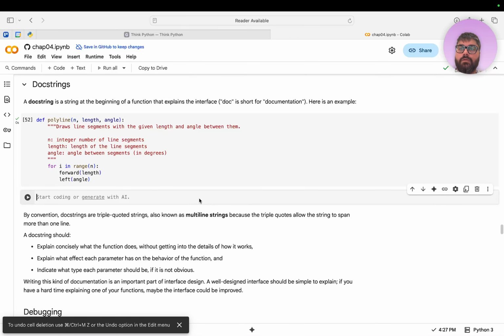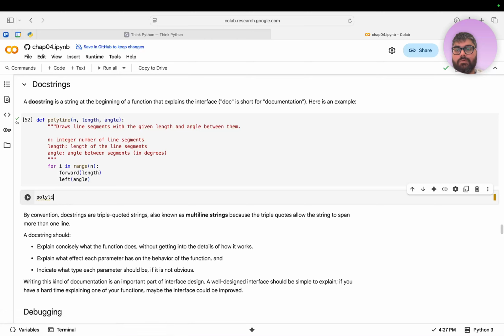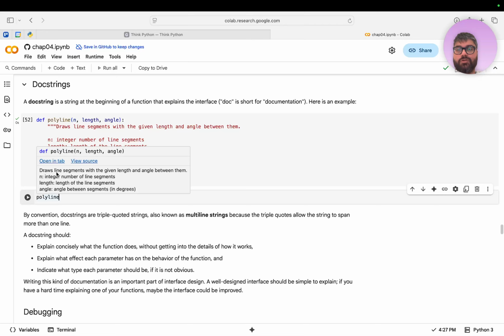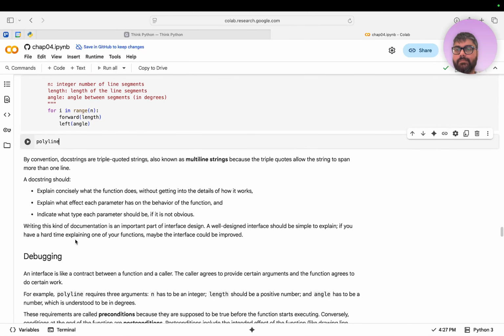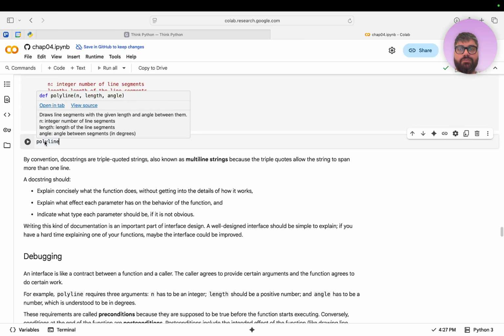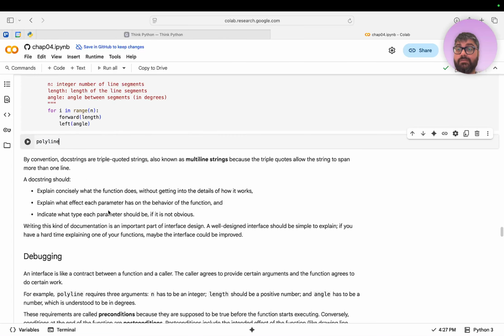Anyway, so now if I go and type polyline, and if I hover over this function, boom, it draws line segments with the given length and angle between them, and so on. So you get everything that you need that way, right? Just by hovering over the function to understand what it does.